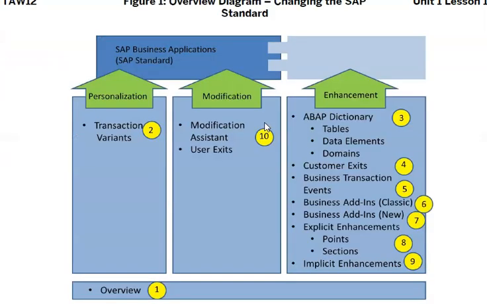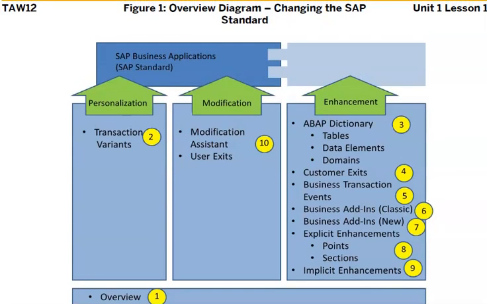So in general, the enhancements can happen in all these ways. So we are changing the SAP standard. If you want to add something to the SAP standard, there are personalization, transaction variants, modification assistant, user exits, and then enhancements.